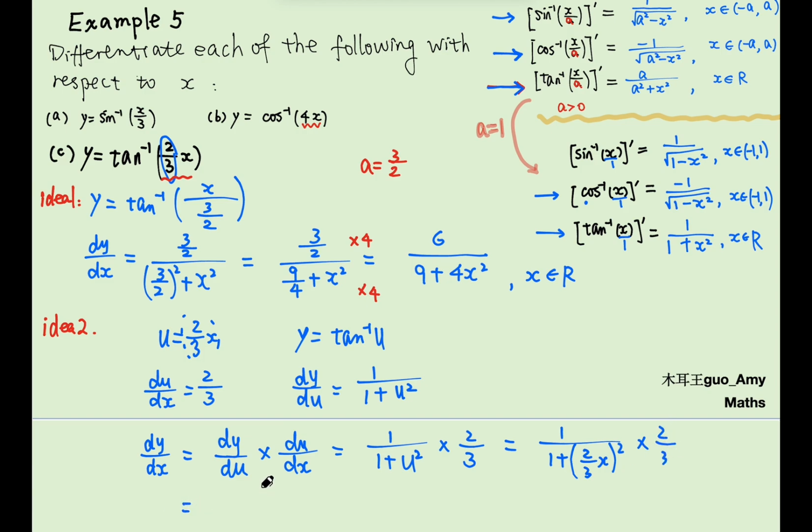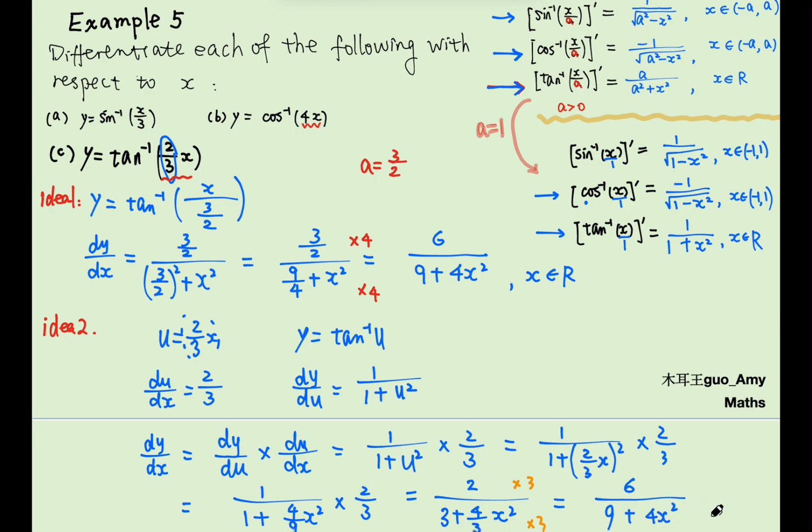Simplify it further, we will have 1 over 1 plus 4 on 9 x squared, then times the fraction. The denominators will be 4 on 9 x squared. Then both the numerator and the denominator are multiplied by 3. Then we will have 6 on 9 plus 4x squared.